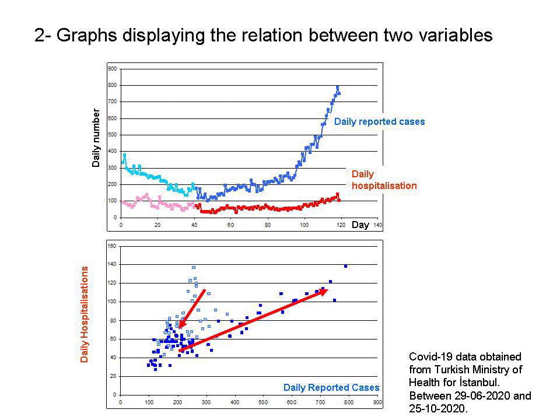But this graph tells you simply that the hospitalization rate, which is the number of hospitalization cases divided by the daily reported cases, is different for the two halves of this epidemic event.